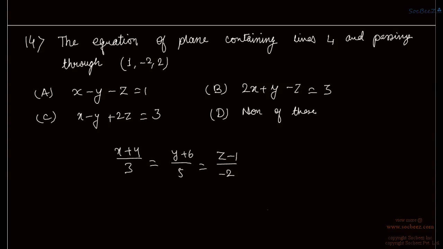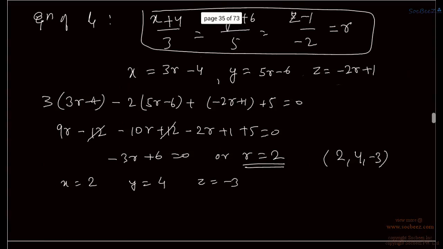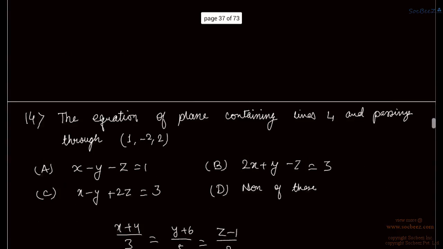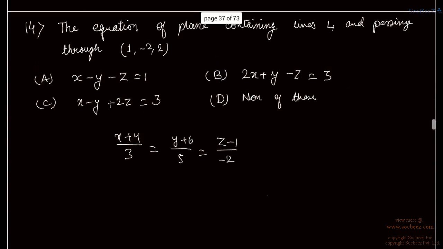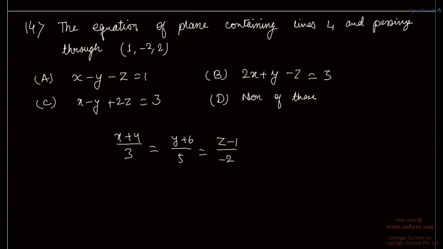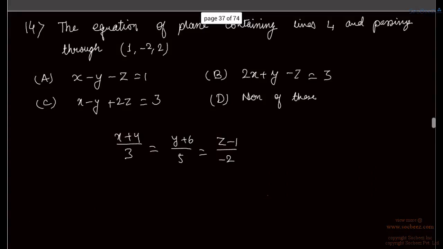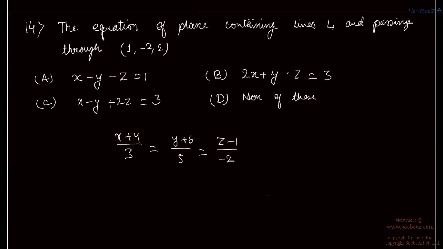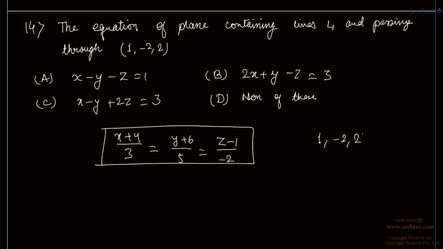This is the equation of line L1, isn't it? And we have to find the equation of a plane which contains this line, and which passes through point 1, minus 2, 2.